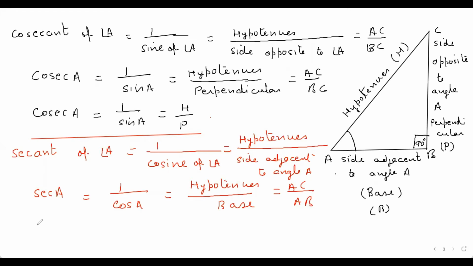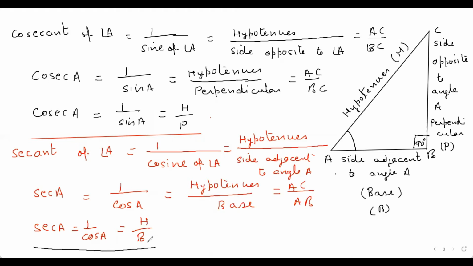So what we are going to learn? Sec A is equal to 1 over cos A is equal to H by B.